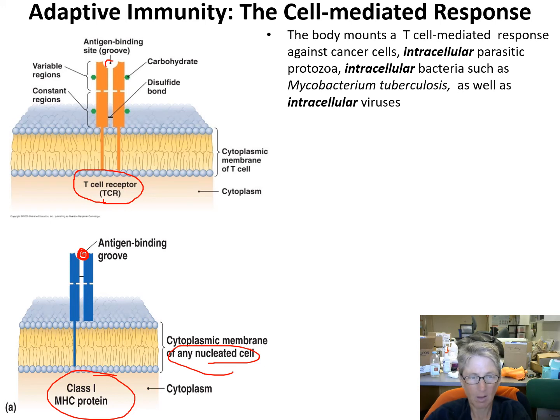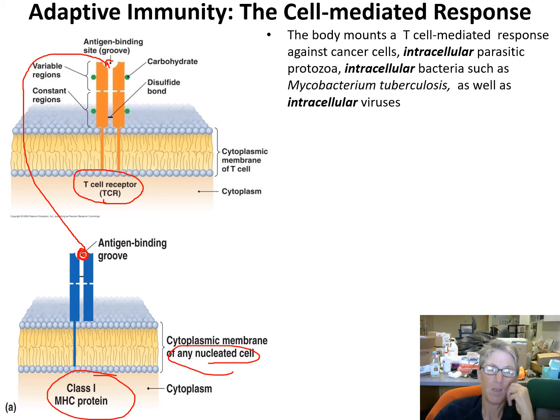I wish I could have drawn these cartoons upside down, but anyway, it recognizes it, and that activates the T cell. If it's a cytotoxic T cell, then it will destroy the infected cell.